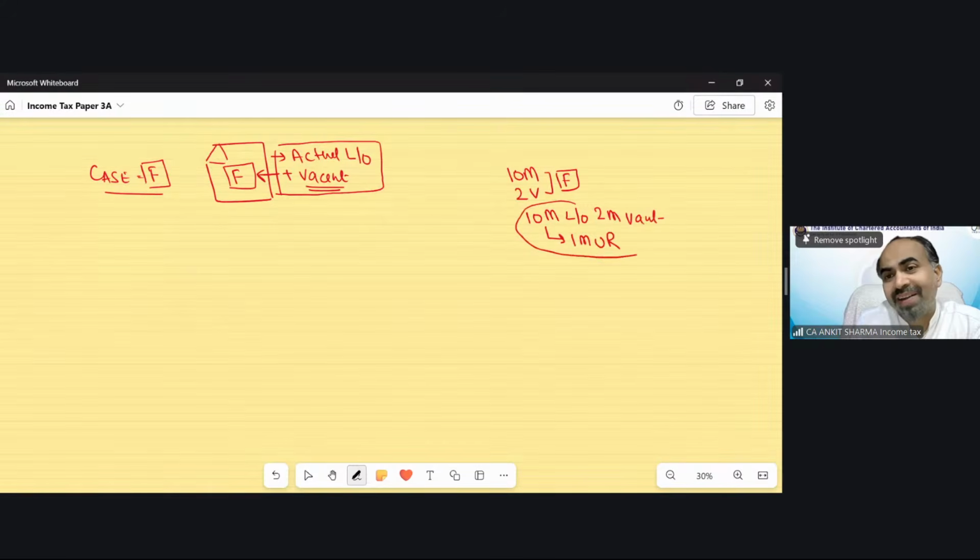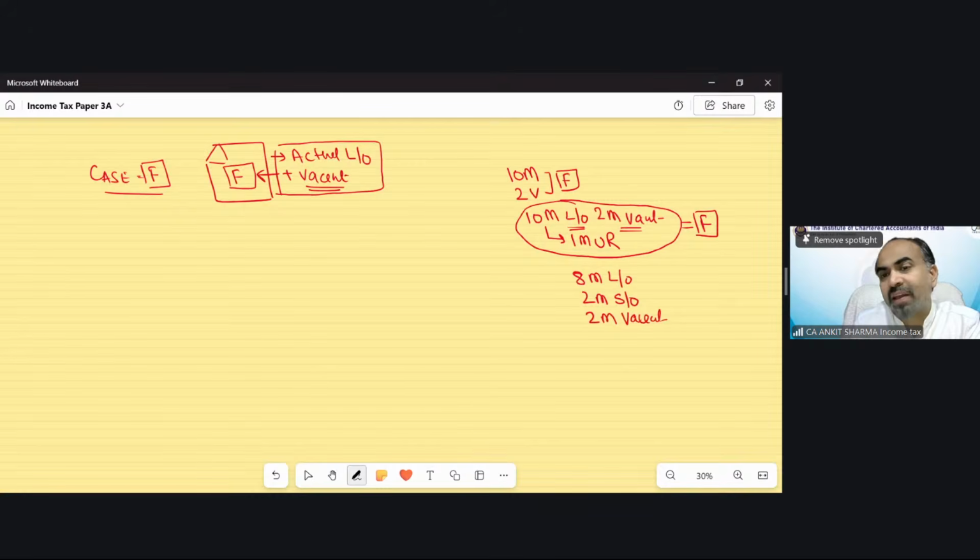For unrealized rent, we generally solve the question as per case number E. But if let out and vacant are together, case F will always apply. Always case F applies, even if, suppose, the property is 8 months let out, 2 months self-occupied, 2 months vacant.